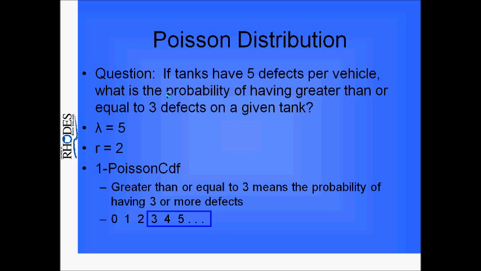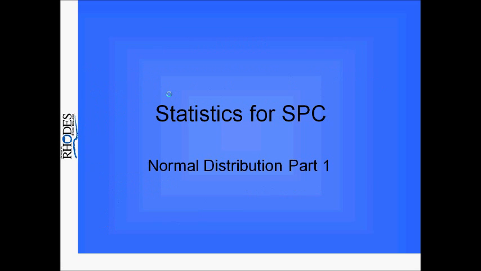Recognizing that it's a greater than and knowing that the calculator thinks from 0 on up, I have to subtract out 0, 1, and 2. So that's why I use an R of 2. So it's that same data, 1 minus Poisson 5, 2, and you get 0.8753. That's how that works.